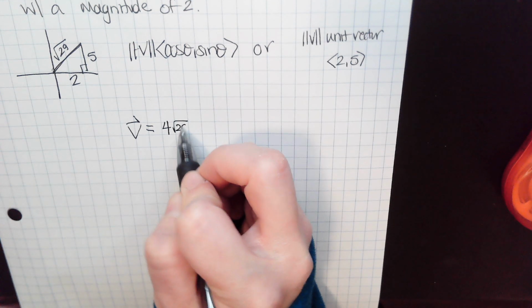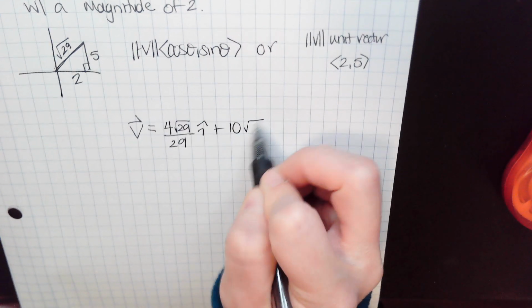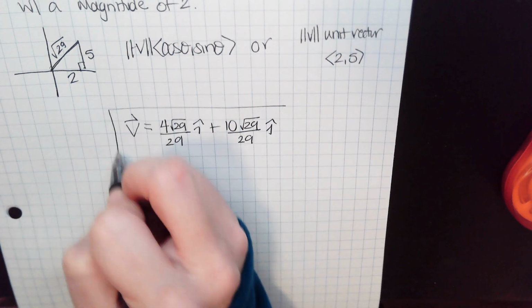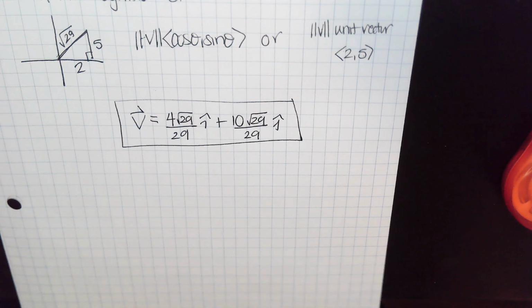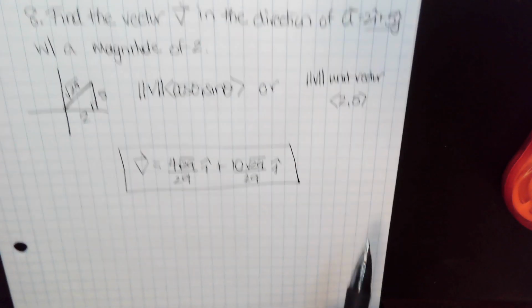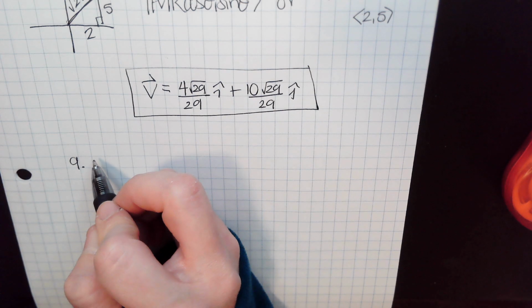So it should be 4 root 29 over 29 i plus 10 root 29 over 29 j. And that's all rationalized, no radicals in the denominator either. And that would be your final answer. Again, I'm expecting to see more work on your papers for number 8. And then let's do one more.